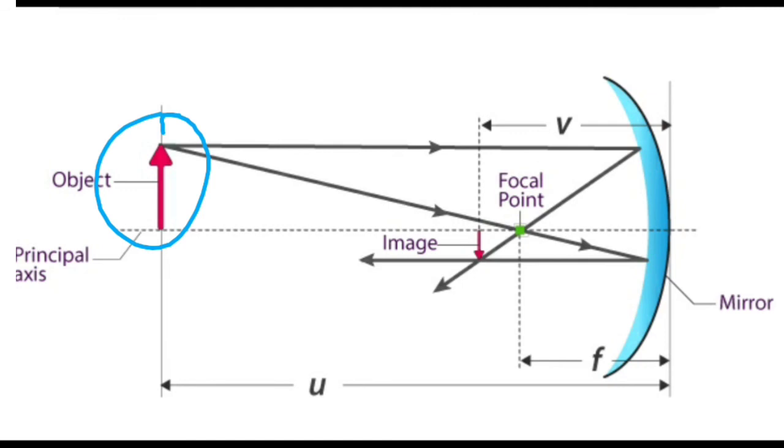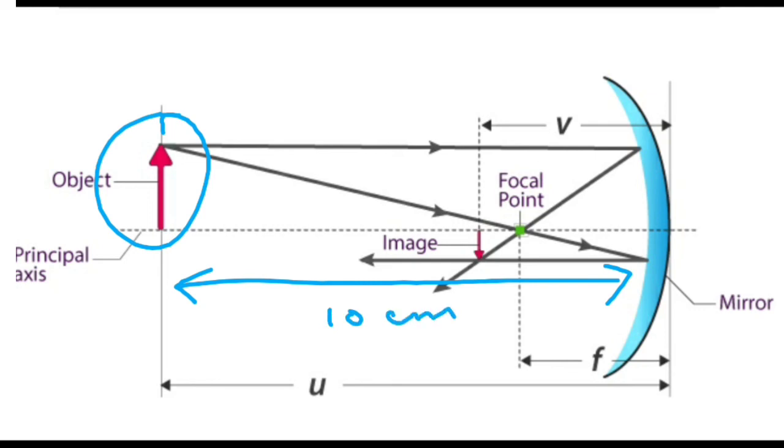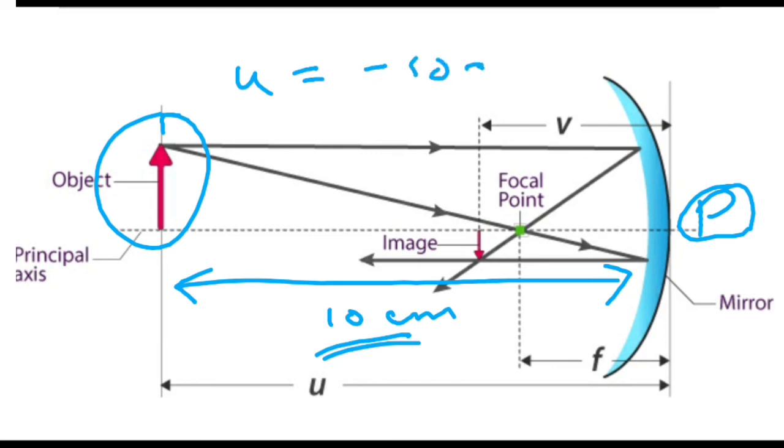Suppose the object is 10 centimeter away from the mirror. As we know, we have to measure the distance with respect to the pole, so pole to the left we take this distance as u equal to minus 10, because it is in the left side direction.